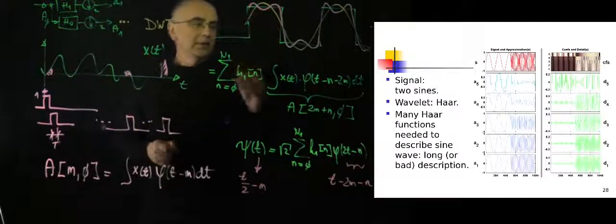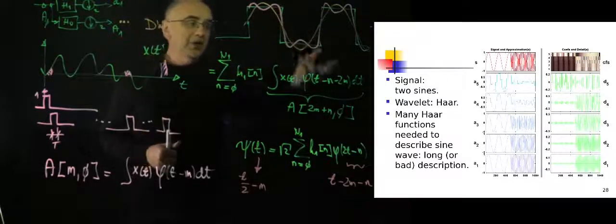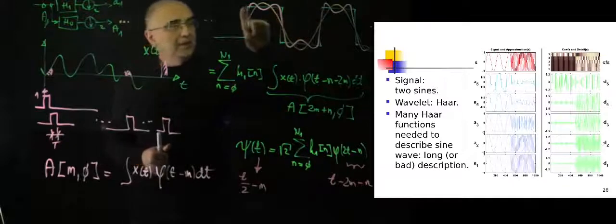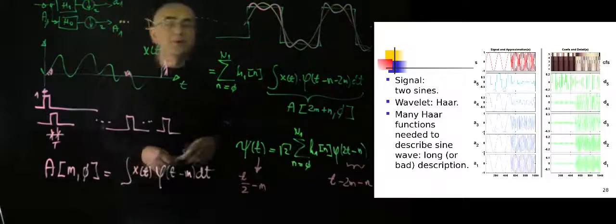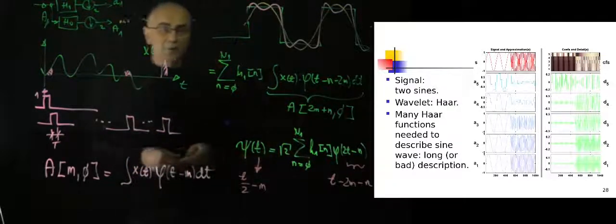So we need to add a lot of sines to properly describe those discontinuities. In this part it converges fast, but on discontinuities it converges slowly.